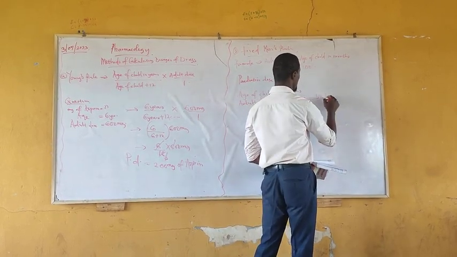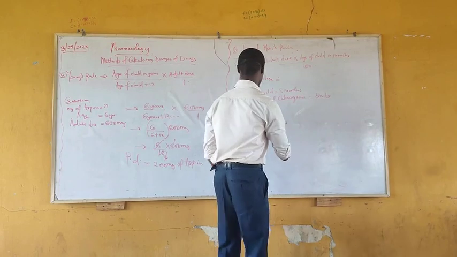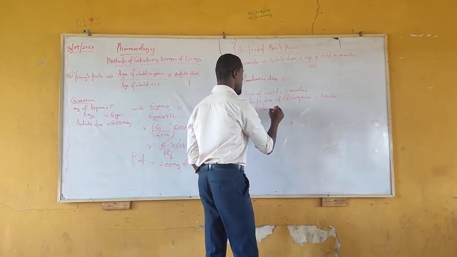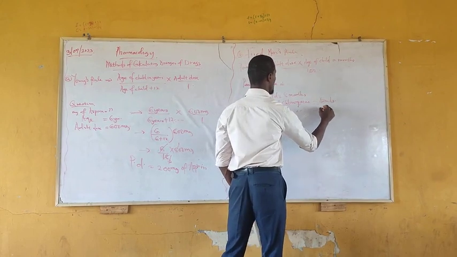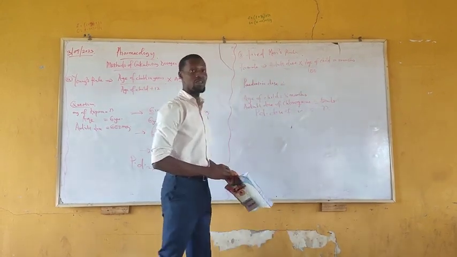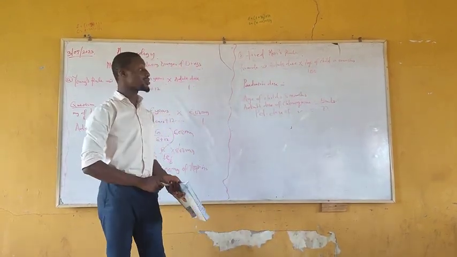So what we're looking for is the pediatric dose of chloroquine. You should know that your answer will be in mils because the adult dose is in mils.